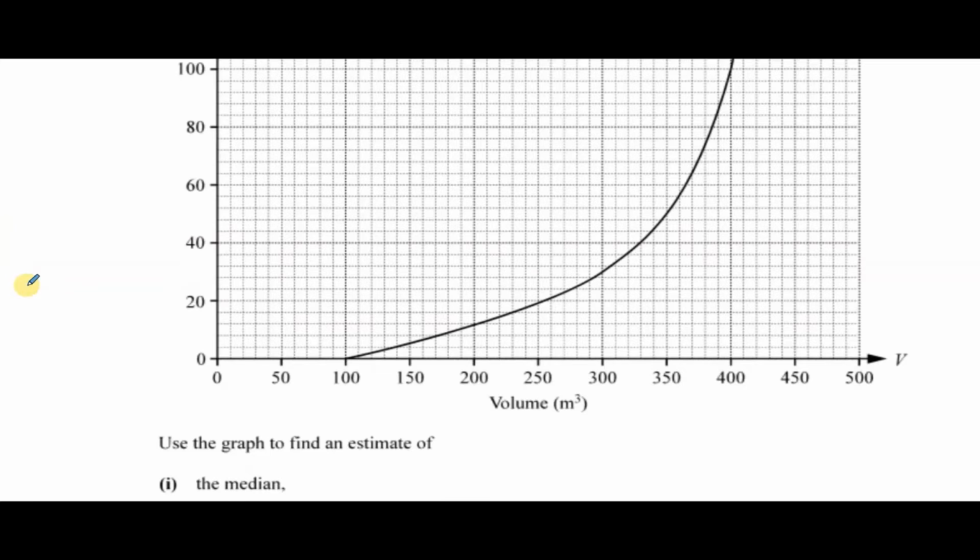So 200 of them were asked, and you can see that, for example, none of them estimated that the volume was less than 100. But you can say that 20 of them estimated that the volume was less than around 250, just over 250 actually. So this is how you can understand this particular cumulative frequency curve.